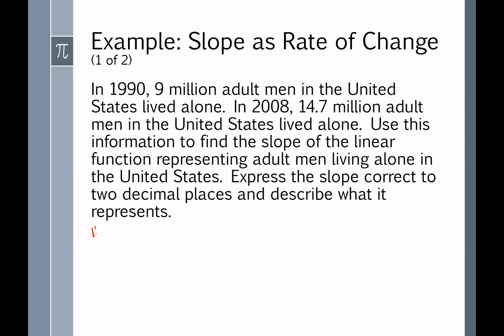So the number of adult men depends on the year.